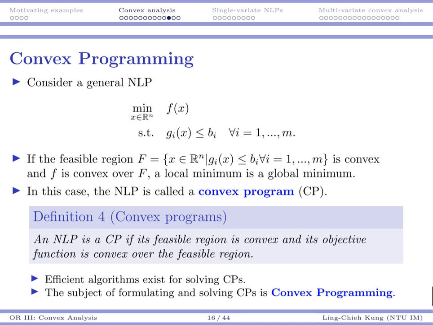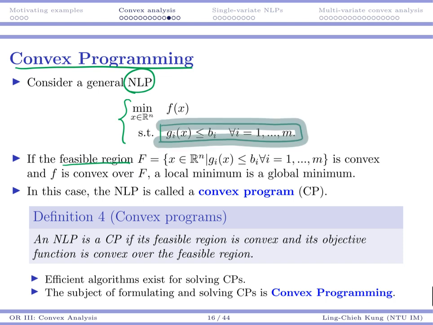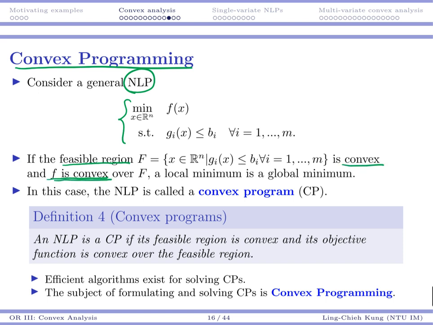We don't always work on linear programs. In most cases, when we talk about NLP, it's not linear. So now we define one concept called convex programming. If we have a nonlinear program like this, and the feasible region, which is the intersection of all the regions satisfying these constraints, is convex, and the objective function small f is also convex over the capital F, then a local minimum is a global minimum.